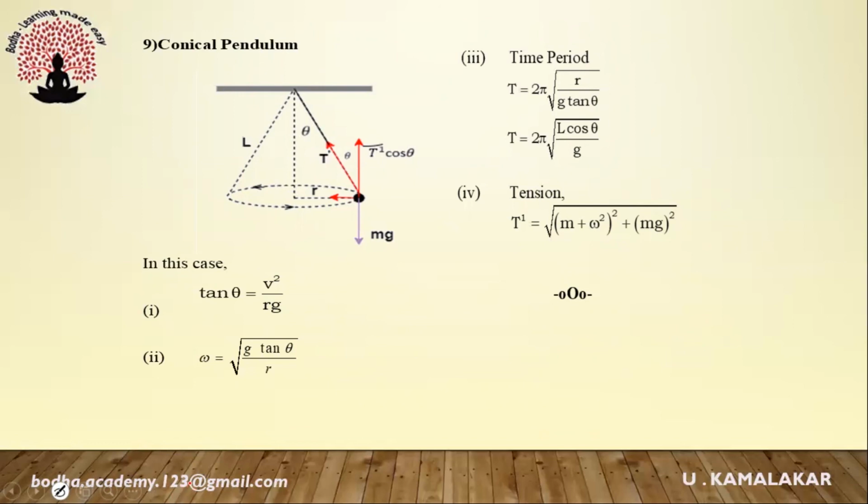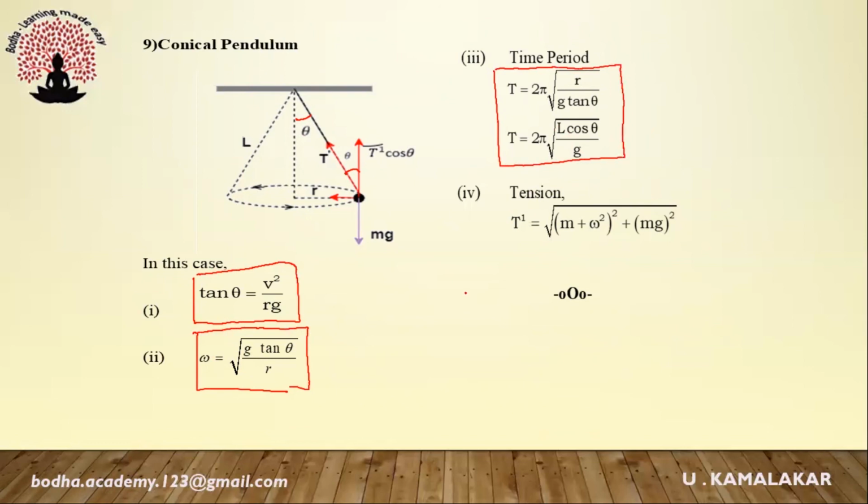In a conical pendulum, if r is the radius of the circle formed, T dash is the tension in the string, theta is the angle made by the string with the vertical, then tan theta equals v square by rg, angular velocity omega equals under root g tan theta by r, time period is given as T equals 2 pi into under root r by g tan theta, or 2 pi into under root L cos theta by g. The tension in the string is given as T dash equals square root of (m r omega square) whole square plus (mg) whole square.